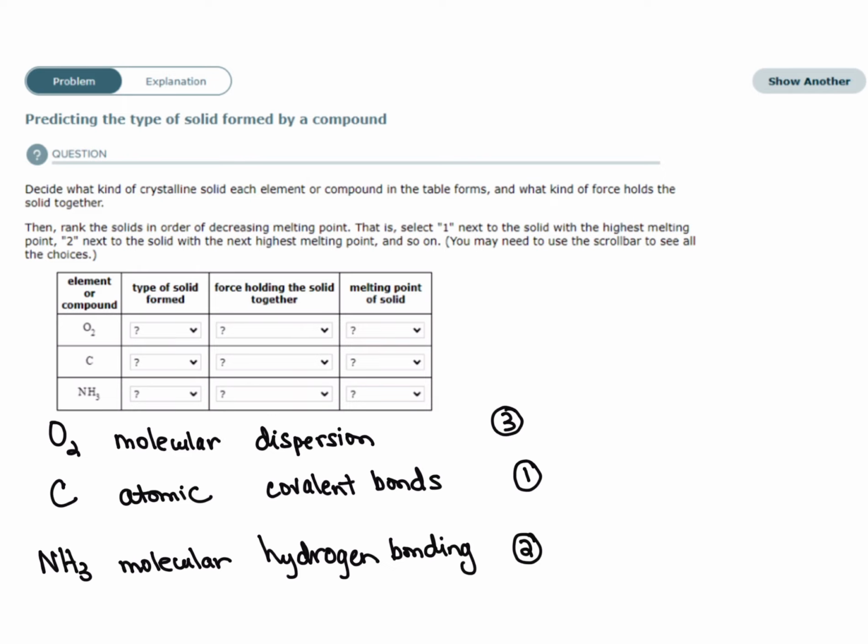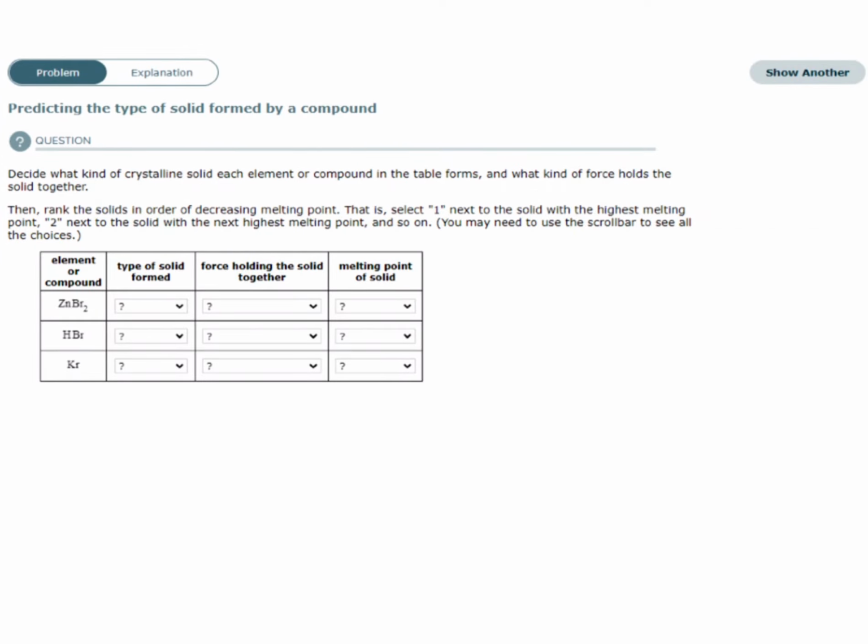Let's take a look at another example. We have these 3 compounds. ZnBr2, that is a metal with a nonmetal, or a cation with an anion. So this is an ionic solid, and ionic solids are held together by ionic bonding.